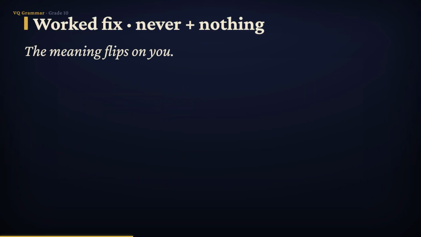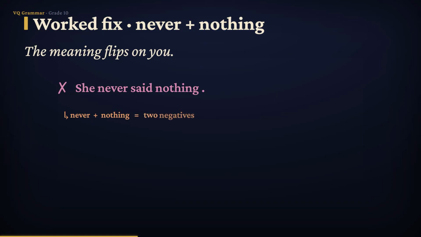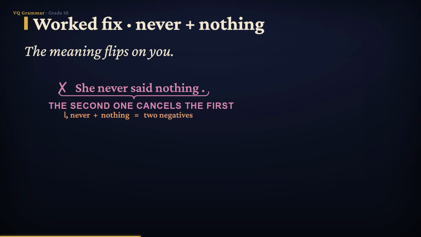Let's do another one, because the pattern repeats everywhere. She never said nothing. Never is negative. Nothing is negative. That's two of them sitting in one clause. And notice what the sentence literally claims. If she never said nothing, then at some point she must have said something.